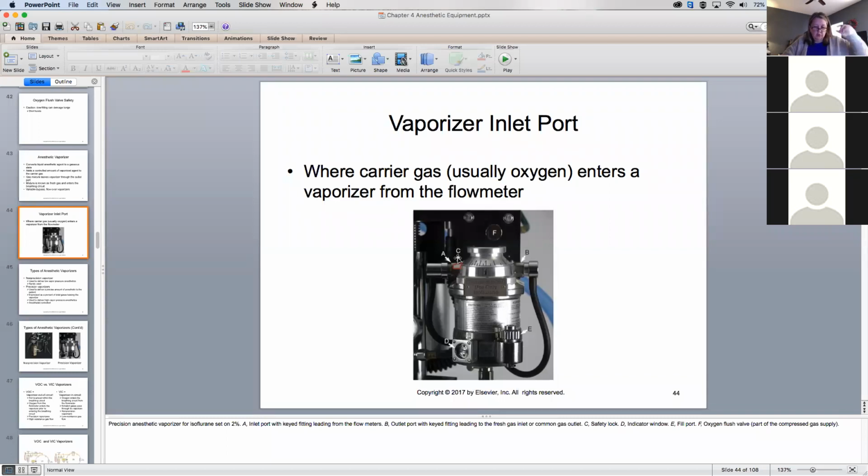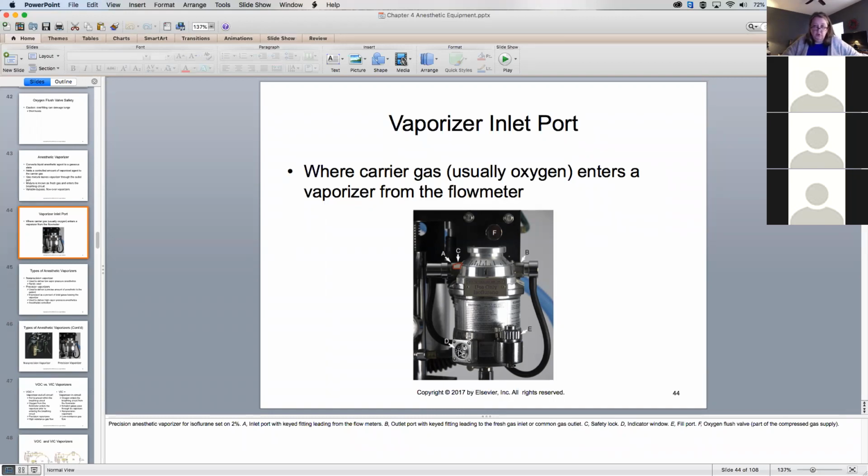Letter C is your open-close valve, and when you push it down and turn the dial, this vaporizer is set at 2%. Letter B is the outlet of the vaporizer, the very first spot where you have oxygen and inhalant mixed.